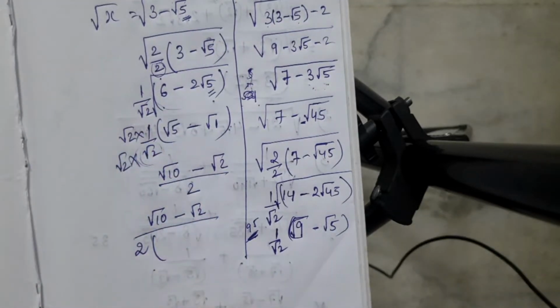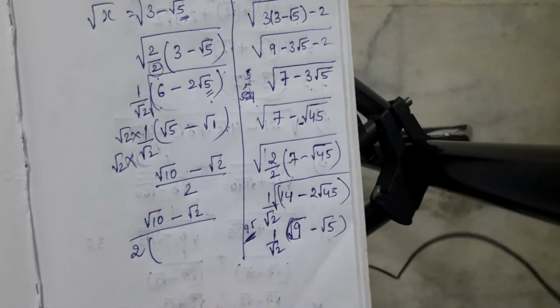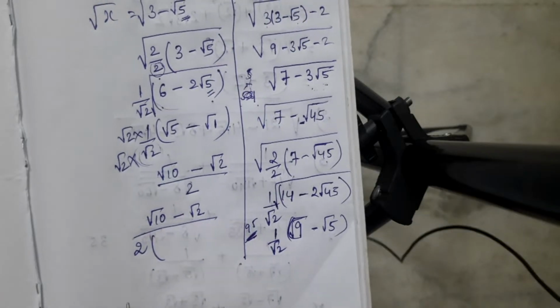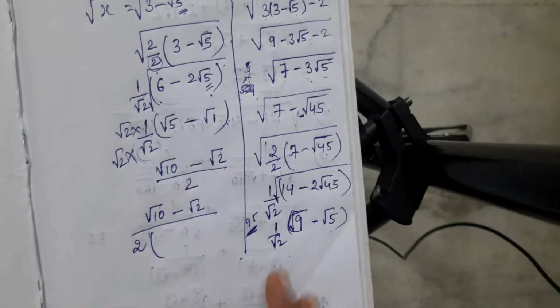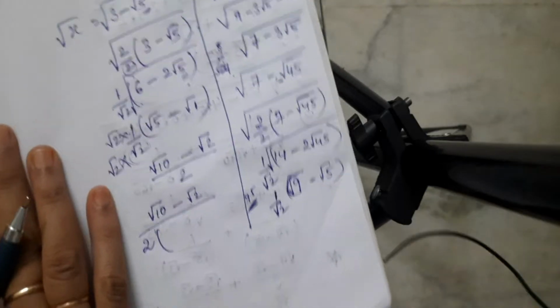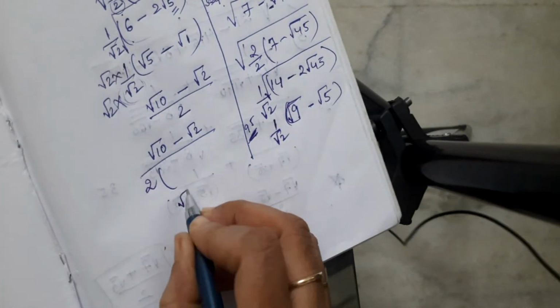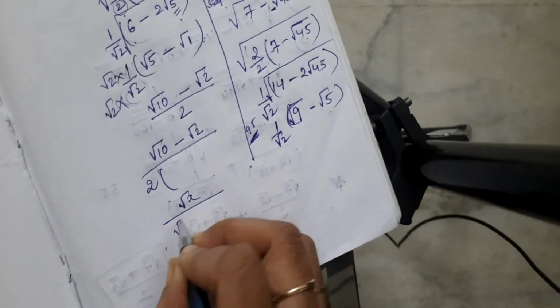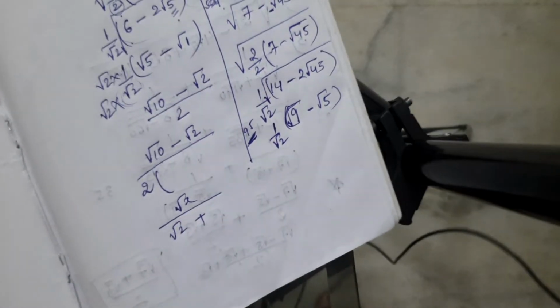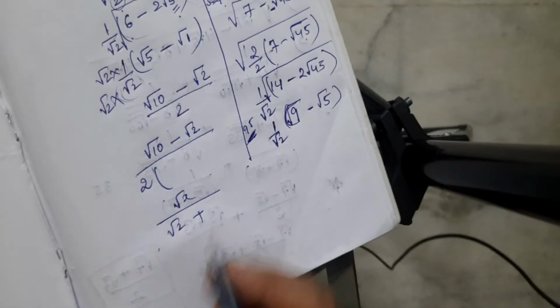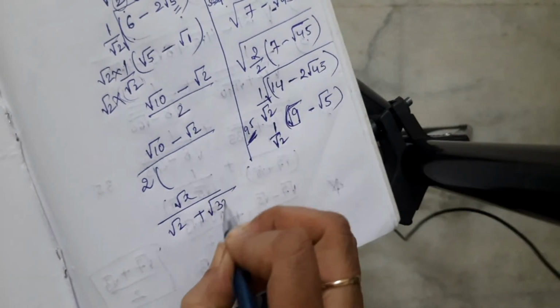Now I'm replacing everything here. The first question was, so let's move on with that. Here it was root x upon root 2 plus under root 3x minus 2.